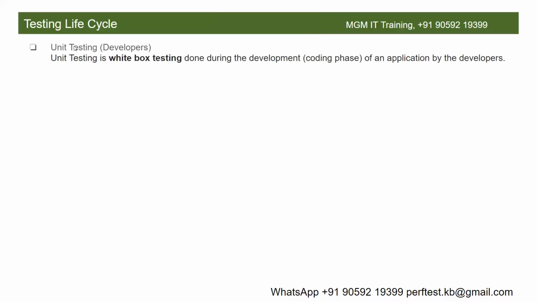The first type of testing that will be done is called unit testing, right? It will be done by developers. Now let's assume that developers started writing the code, and let's assume that it is a Java application, or they are using Java as a programming language to develop the software.